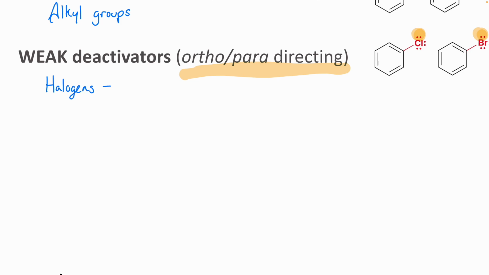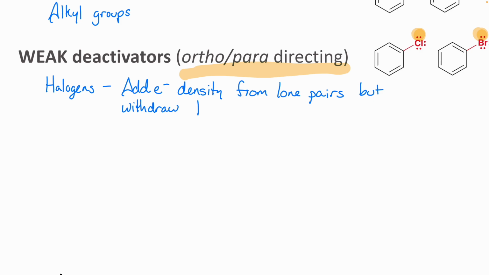Again, they can add electron density from those lone pairs, but they also withdraw electron density through what's called induction.